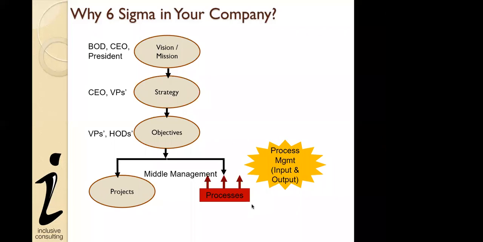So whatever process you are looking to apply Six Sigma on, you look at the inputs to that process. What do you need in your department to start this process? For example, in HR, if you want to start recruitment for an open position, before HR can start hunting for people, recruiting people, interviewing people, they need to have something.